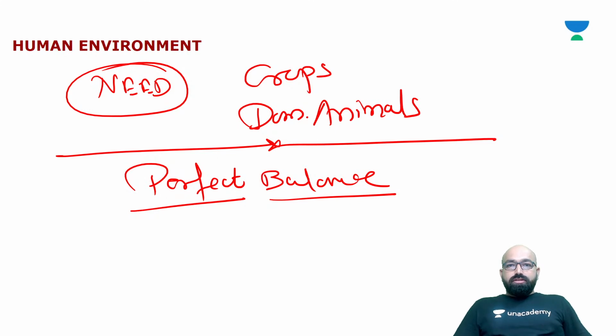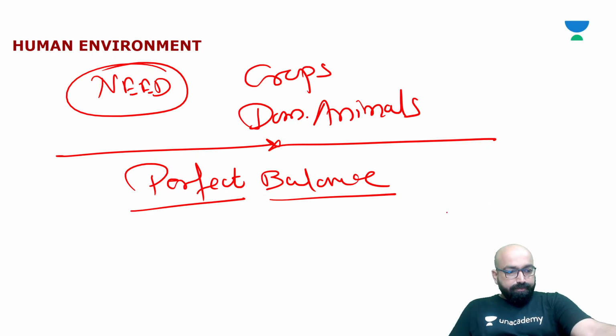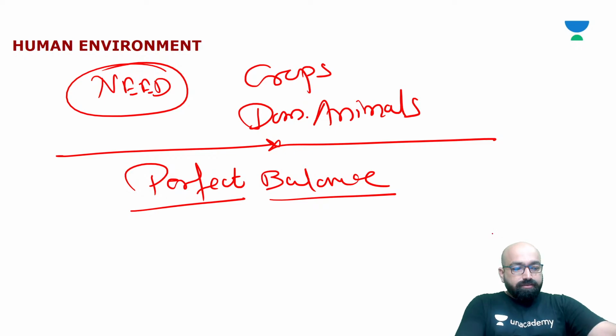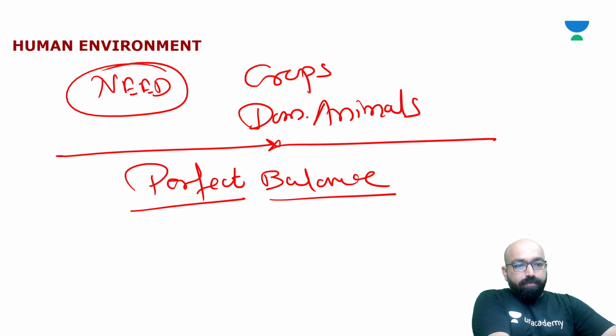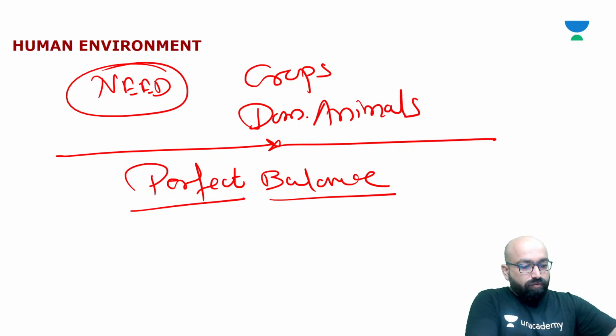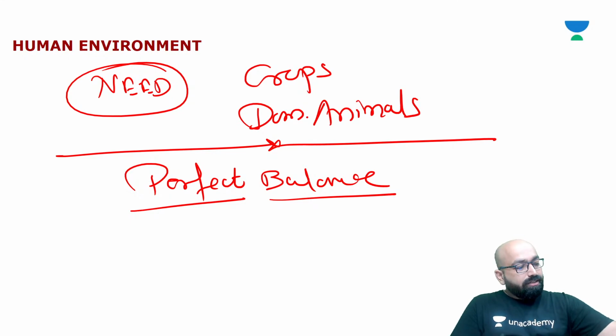So humans must learn to live and use their environment in a harmonious way. So friends, there should be a perfect balance in the utilization of the natural resources.